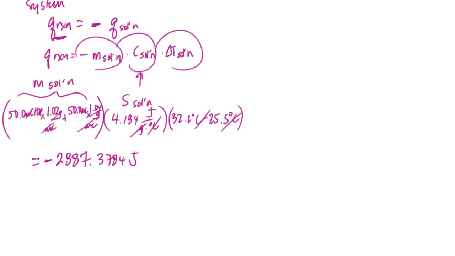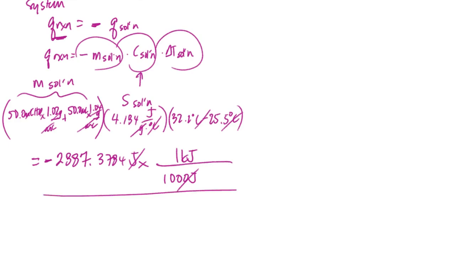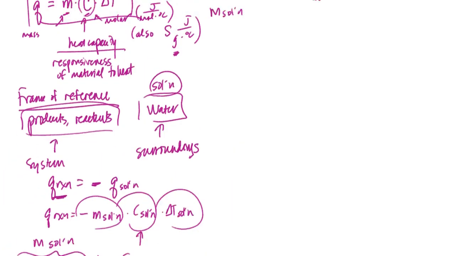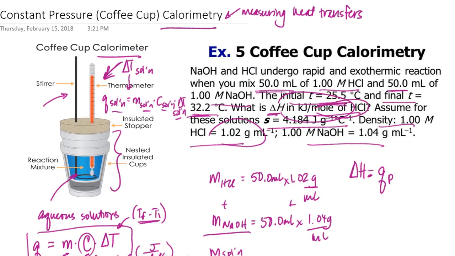And so what I'm going to need to do now is first convert this to kilojoules. Okay, and then I'm going to have to divide this by the number of moles of the hydrochloric acid.